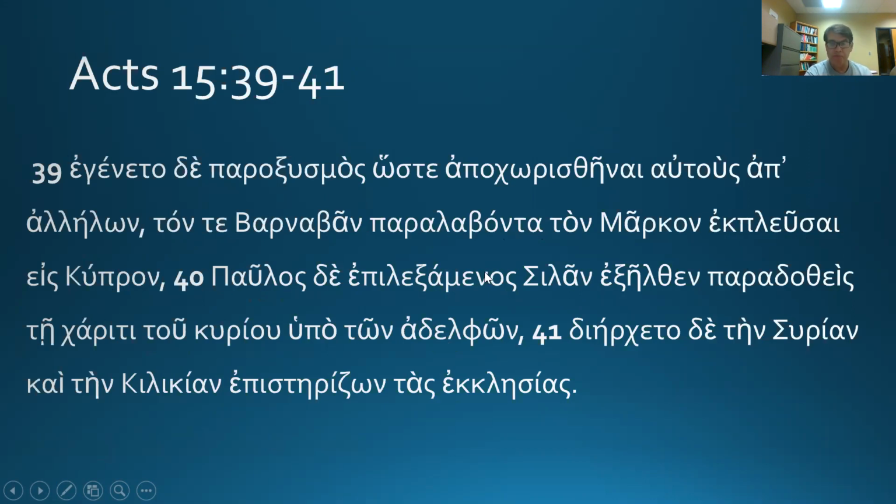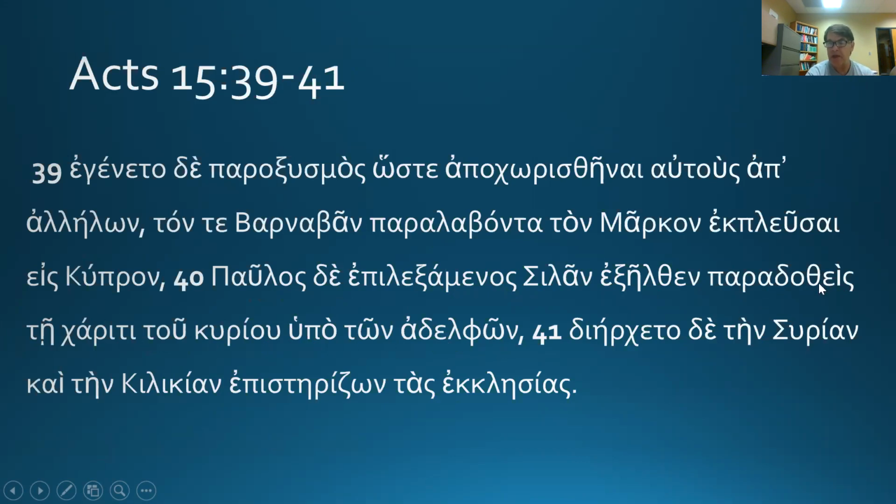From epilegomai, so we're going to go with middle. It would have been theta eta or some variation if it were passive, theta epsilon probably in this case. So this is an aorist middle participle, nominative masculine singular, from epilegomai. And Paul, having chosen Silas, went out, having been handed over to the grace of the Lord by the brothers.